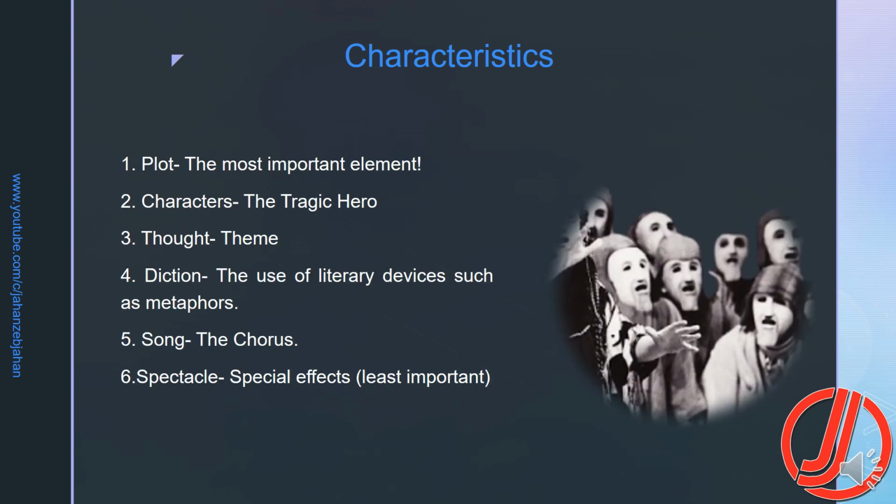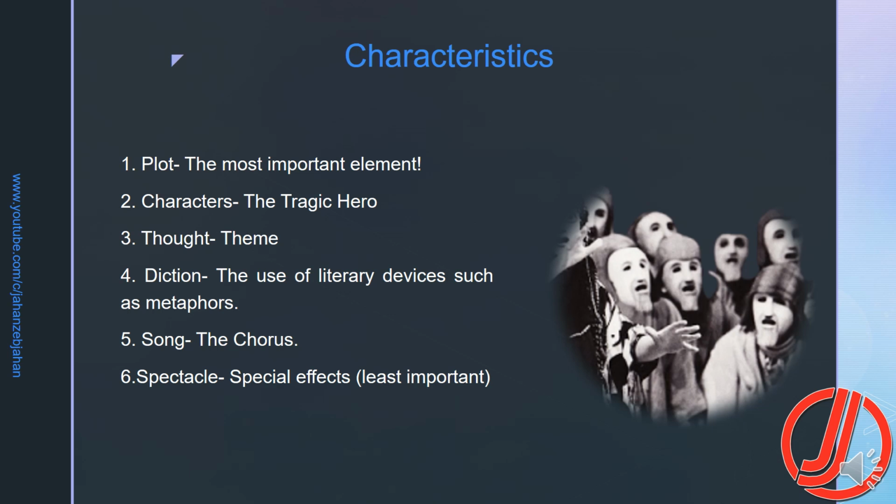The plot is a very important element of a tragedy. So these are the major elements. Plot is basically determining the story. The characters include the tragic hero who has a hamartia and has a downfall. Thought and theme is there, which depends upon the history or the mythology.